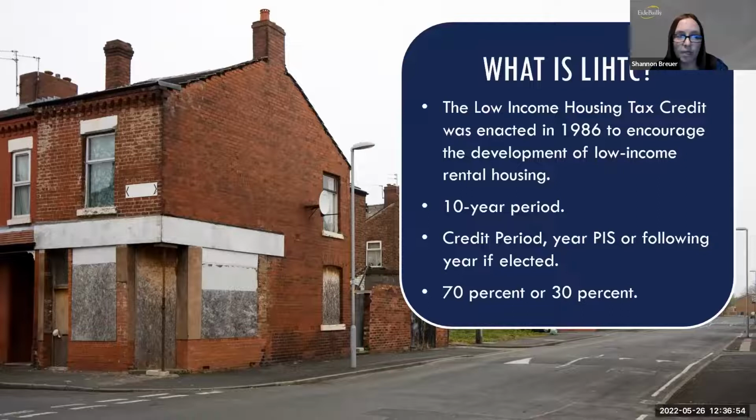The credit rate is calculated so that the 10 equal annual installments have a present value equal to 70% of the cost of the units or 30% of the cost of the units, depending on how the deal is structured or financed. This 70-30 is what we call the 9% or the 4% credit, which is the term that most people are familiar with.